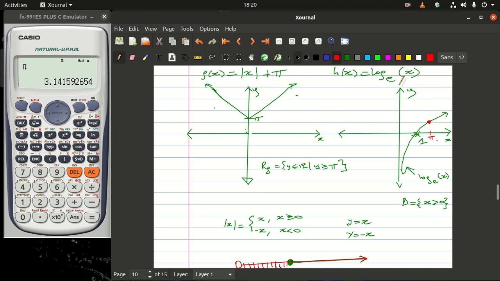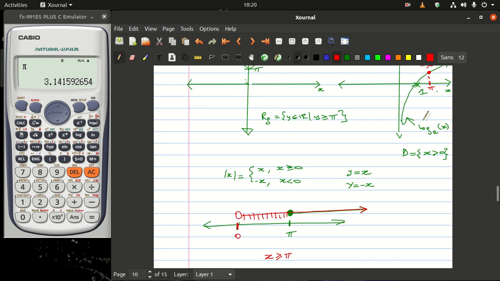Remember, this function here is log e of x, so this one here is supposed to be log base e of pi. This point here, you take the value of x and you plug it there, you get that value. Of course someone else might say it's ln of pi, still one and the same thing.